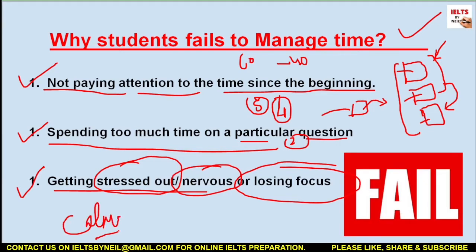It's very important to stay calm so that we don't lose our focus and don't become nervous, because if you lose focus and become nervous, there are really high chances that you will make a lot of mistakes. So you have to be very careful and mentally strong. Even if you don't get the answer, just move on to the next one. You might get the next answer.